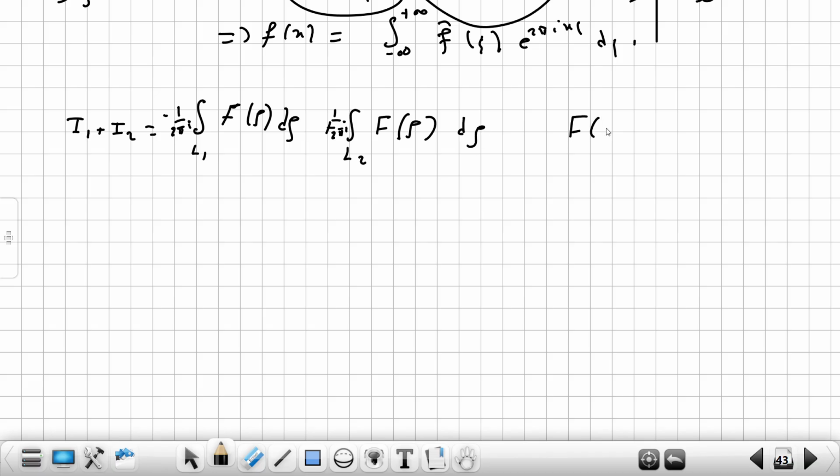Suppose that capital F of rho is equal to what? f of rho over rho minus x.